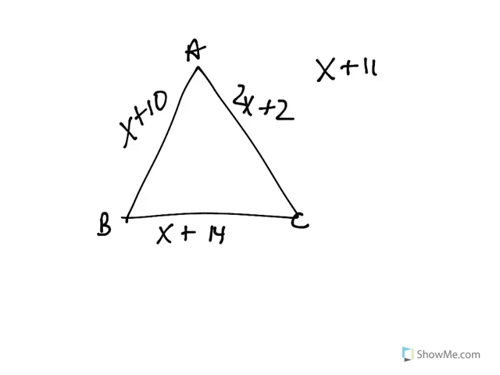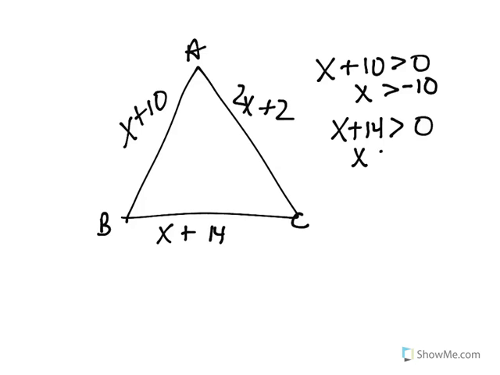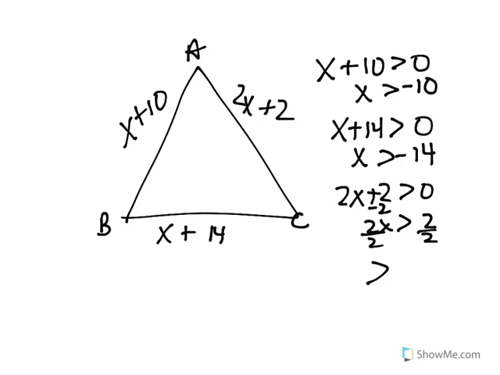So X plus 10 needs to be greater than 0, so X needs to be greater than negative 10. X plus 14 needs to be greater than 0, and so X needs to be greater than negative 14. And then 2X plus 2 needs to be greater than 0, so I'm going to subtract 2 and then divide by 2, so X needs to be greater than 1.